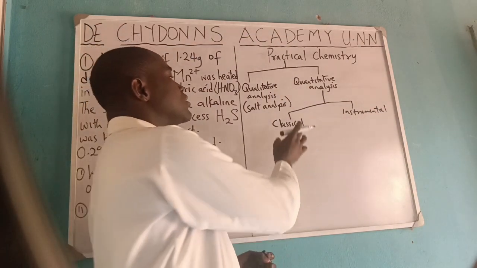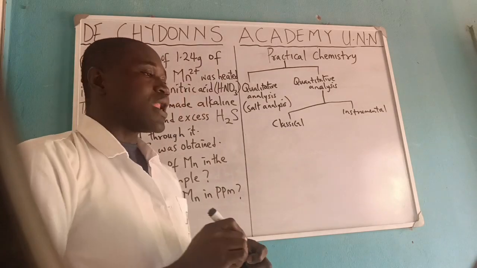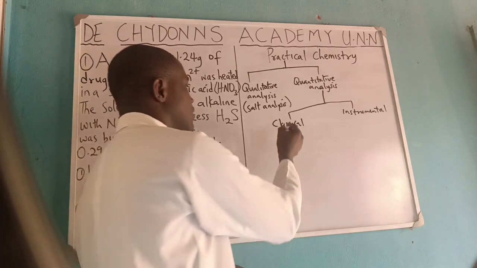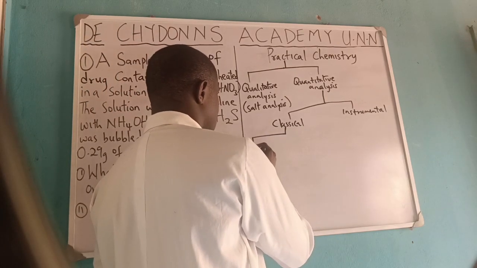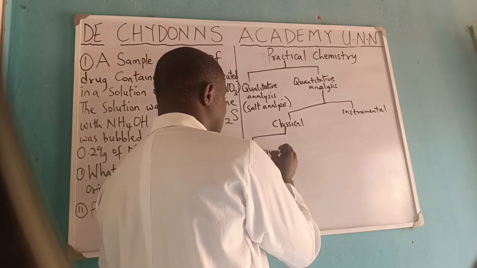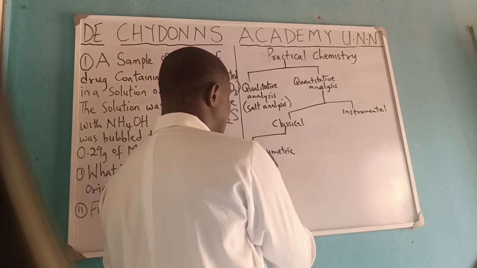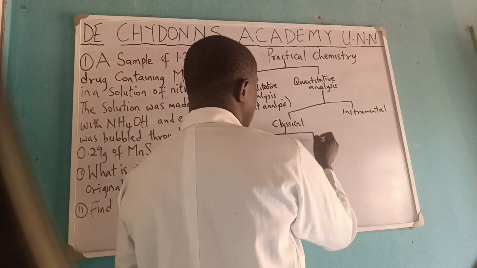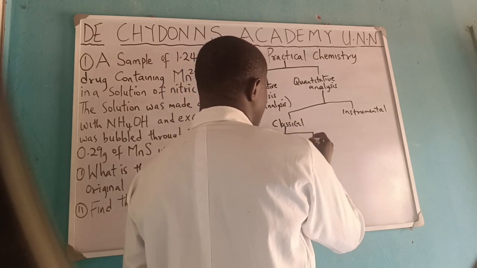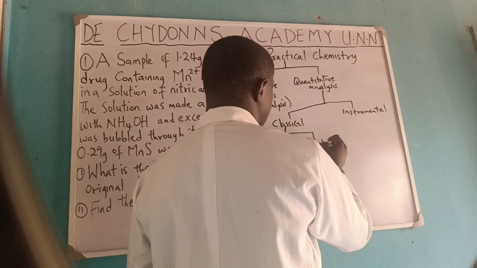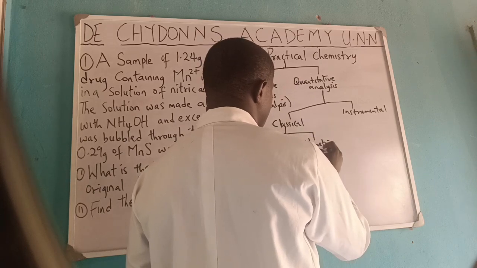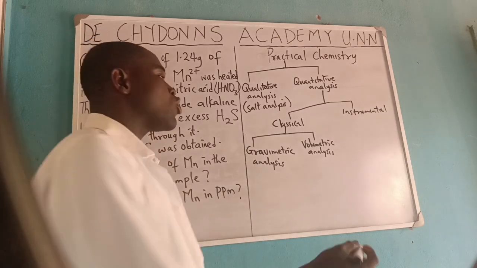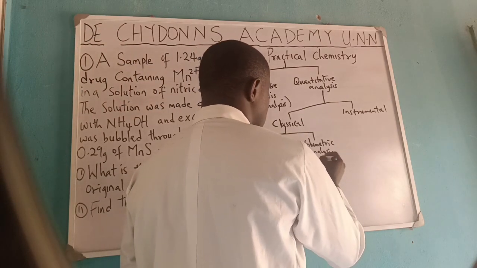Under the classical method, we'll have gravimetric analysis and volumetric analysis. It is this volumetric analysis that you call your titration.